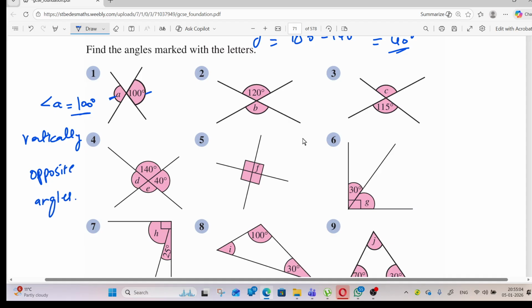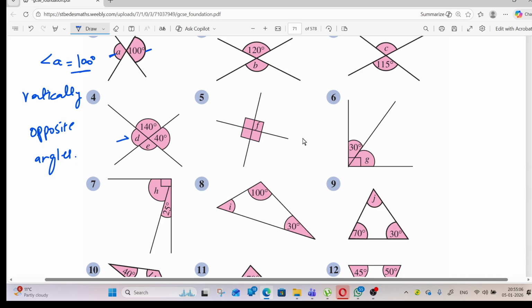Great. How much is angle D in the fourth question? 40 degrees. And angle E? 140. Very good. Again, the reason is this angle and this are vertically opposite. This and this are vertically opposite.